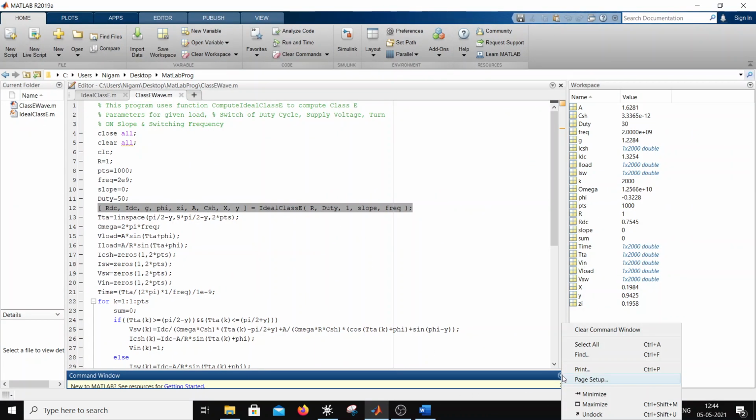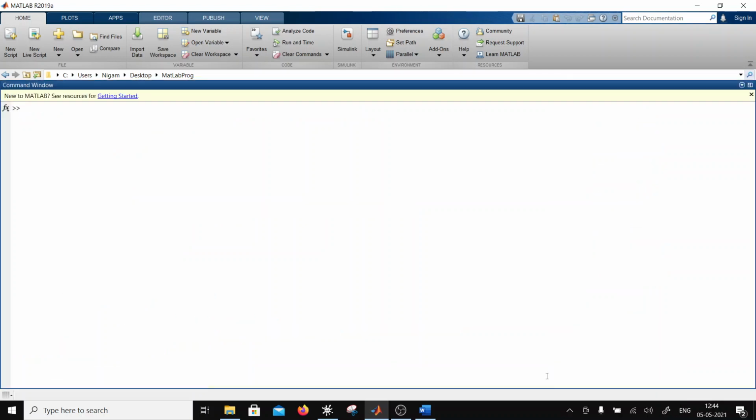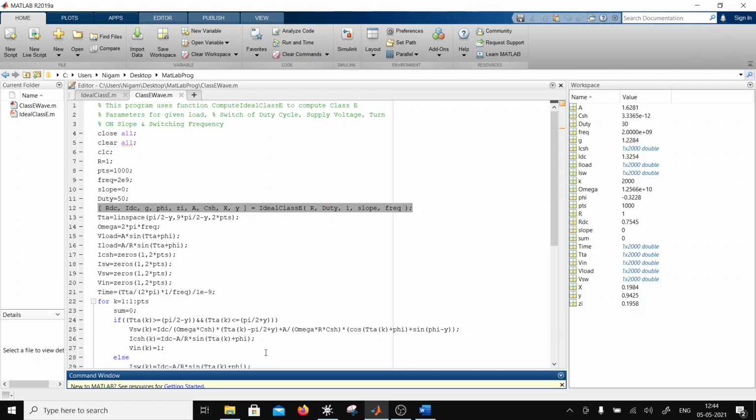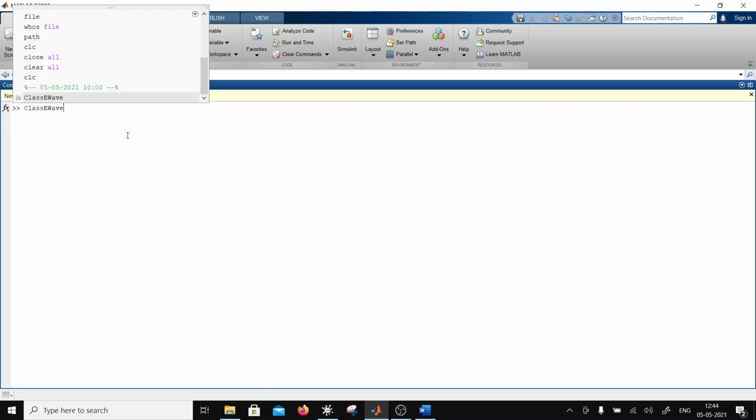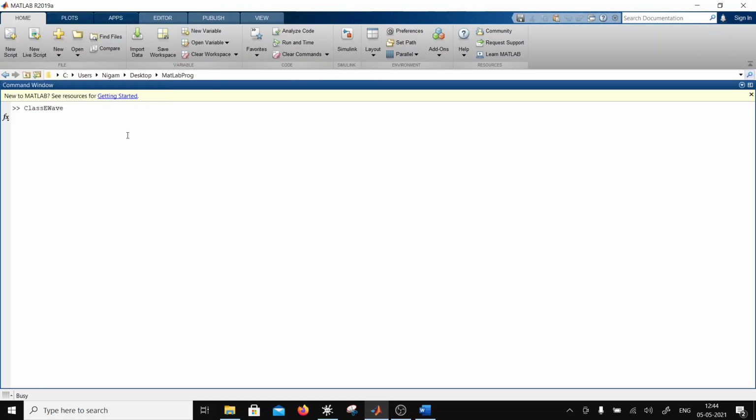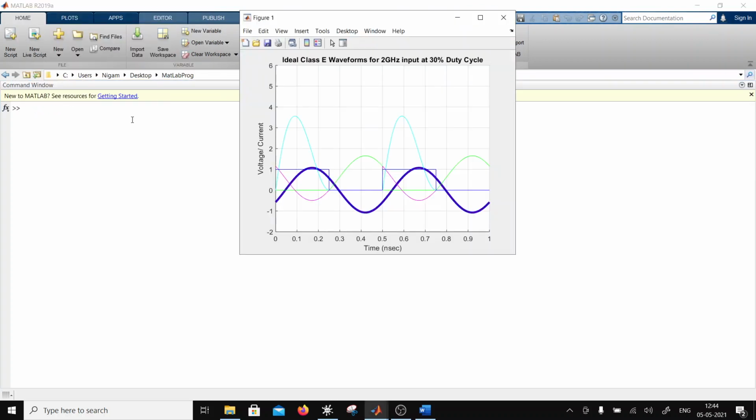What happened to my command window? Okay, so I'm going to run this. Okay, class E wave. Let me just edit this so if you are not able to see the waveforms, let me just edit it.